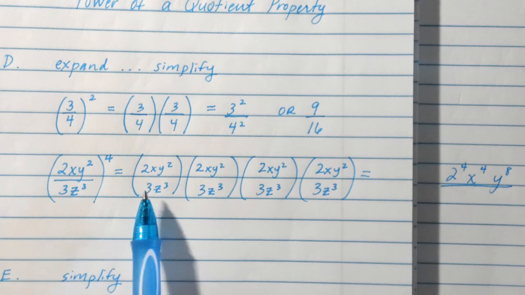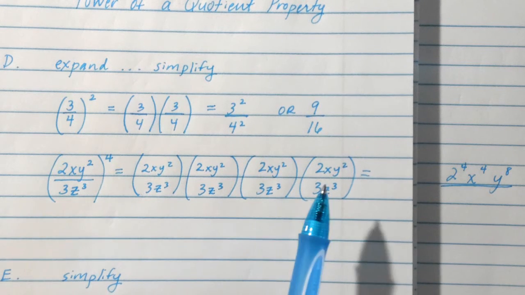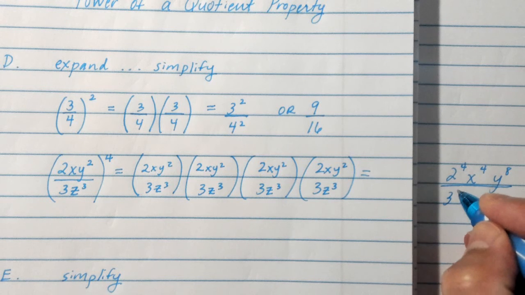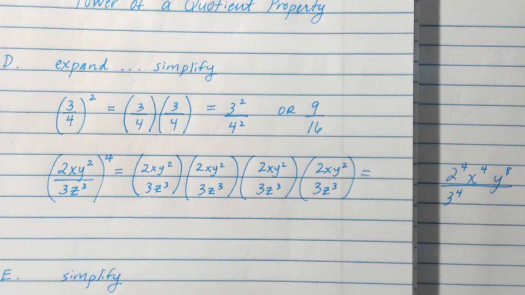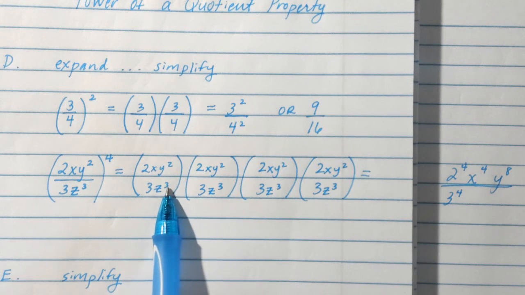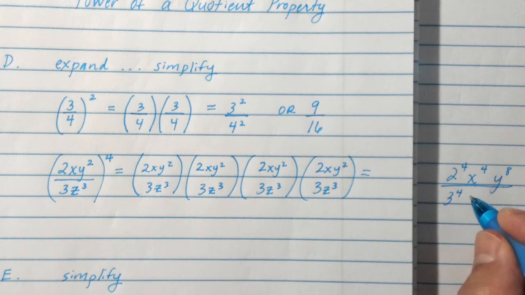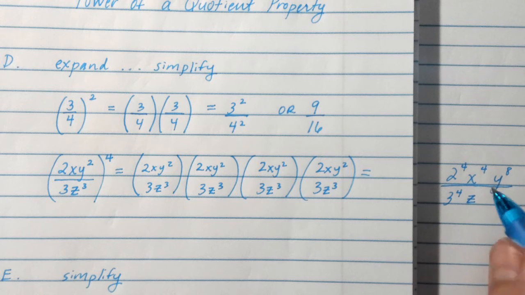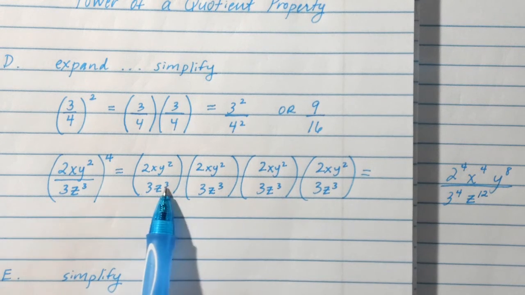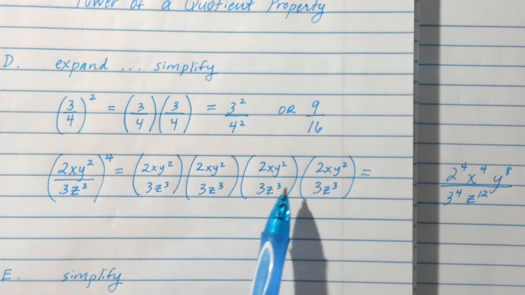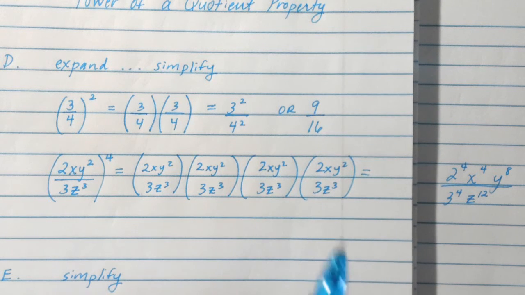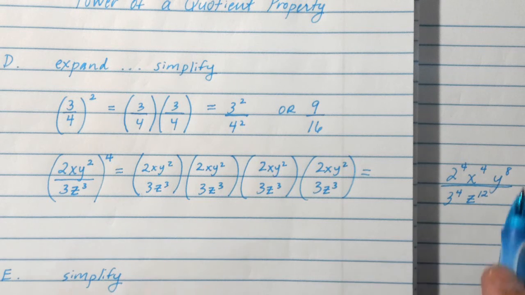And then on the bottom, you got 3 times 3 times 3 times 3, which is 3 to the 4th. And then you got z cubed times z cubed times z cubed times z cubed, which is z to the 12th. Let me double count. We got 3 here, 3 there, that's 6. Another 3, that's 9. Another 3, that's 12. Yep. This is beautiful. That's what we were looking for.